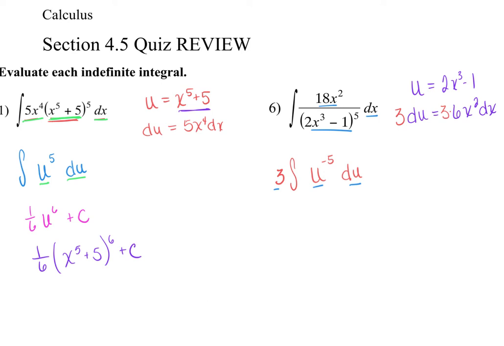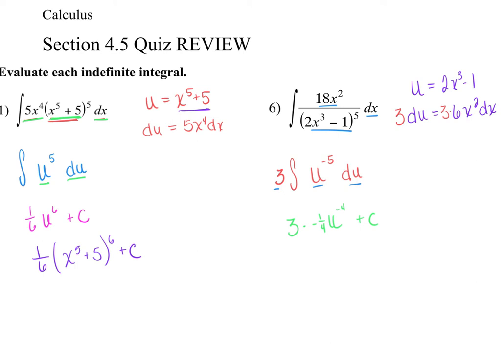And now, once again, I'm going to take the antiderivative: 3 times my new exponent when I add 1 is negative 4, and then I divide by negative 4 plus c. Then, of course, I have to replace u. That's negative 3/4.